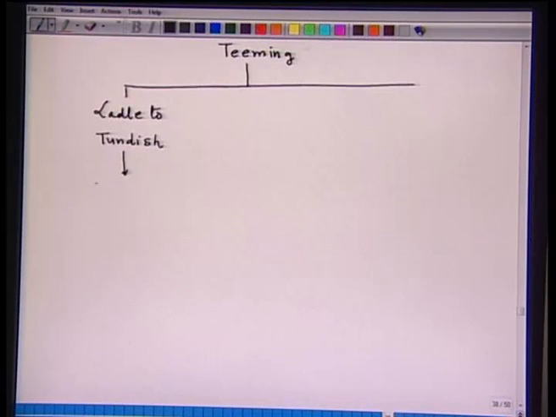So, here one has to provide the so called shrouding of the stream. By shrouding the stream from ladle to tun dish, one can control the inclusion formation.